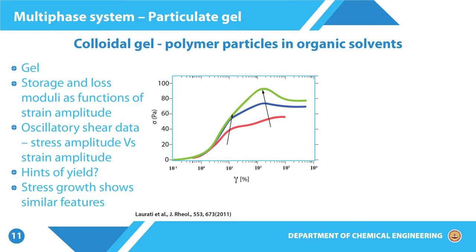And so, the data in this plot is plotted where stress is varied as a function of strain, and you can again see that there is an increase, and then beyond a certain point again the same hints of yield processes can be seen in a stress growth experiment also. This is one of the best ways to understand the material and its microstructure, by probing the material using 2-3 different rheological modes.